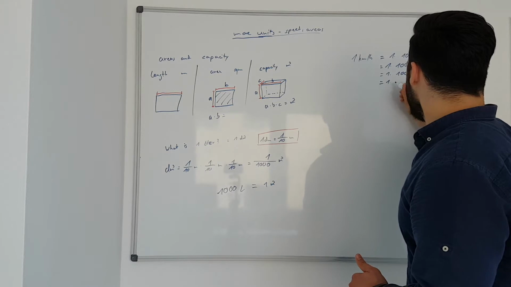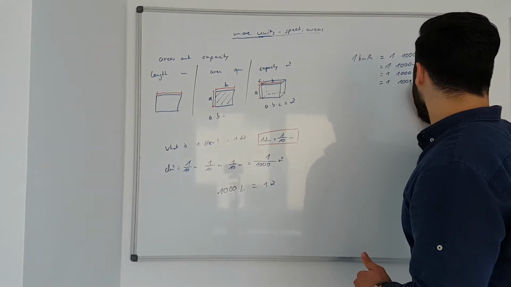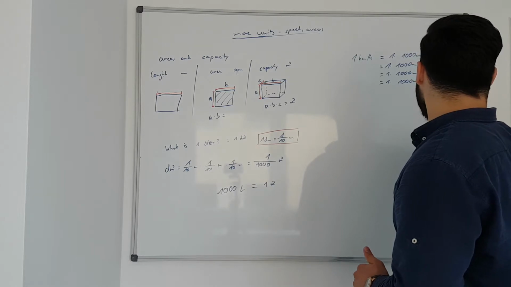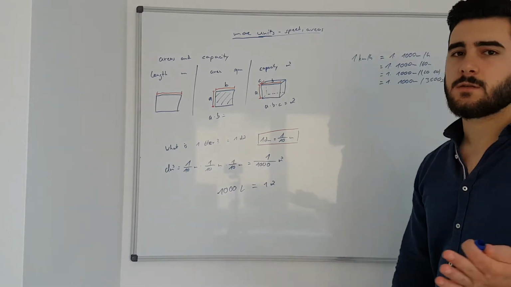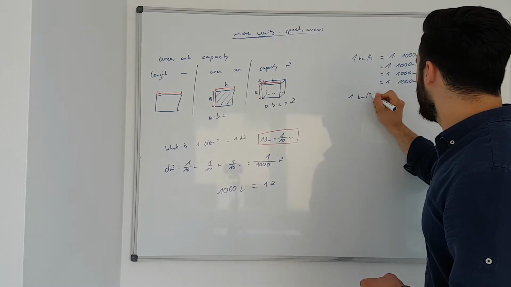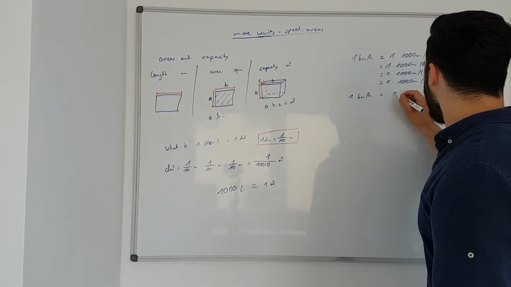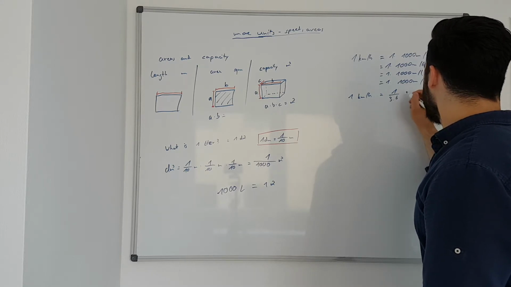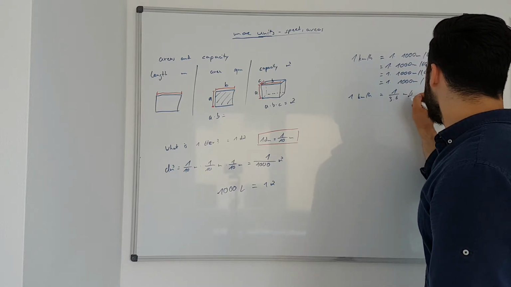In the next step, we are left with 1000 meters divided by 3600 seconds. So that means here that 1 kilometer per hour is 1/3.6 meters per second.